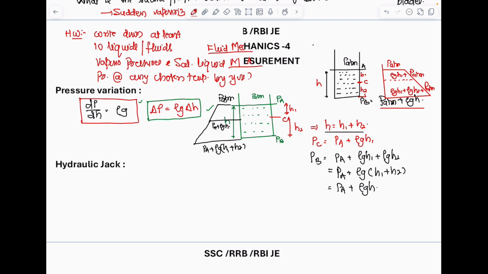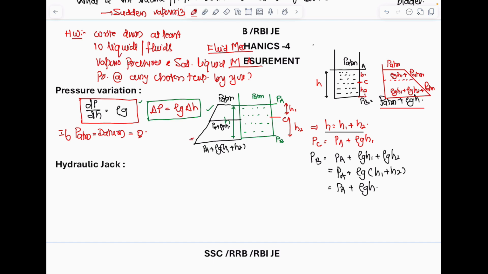For example, P atmosphere is taken as datum. As explained in my previous classes, if P atmosphere is equal to datum, that if you treat it as 0, because the datum is everywhere same, then when you apply the difference of pressures, how will the diagram be?